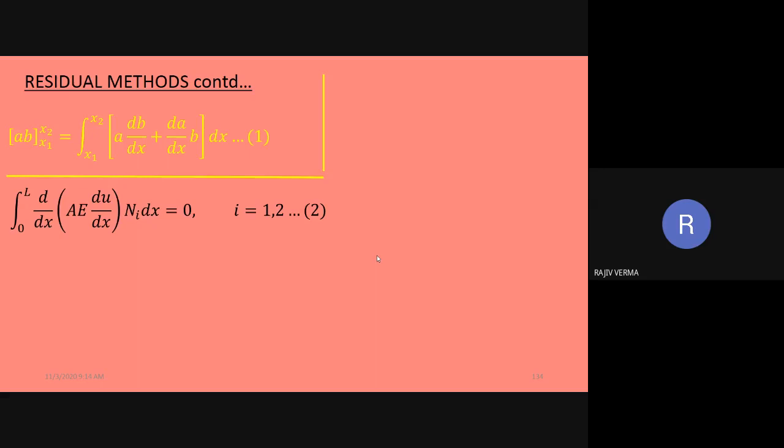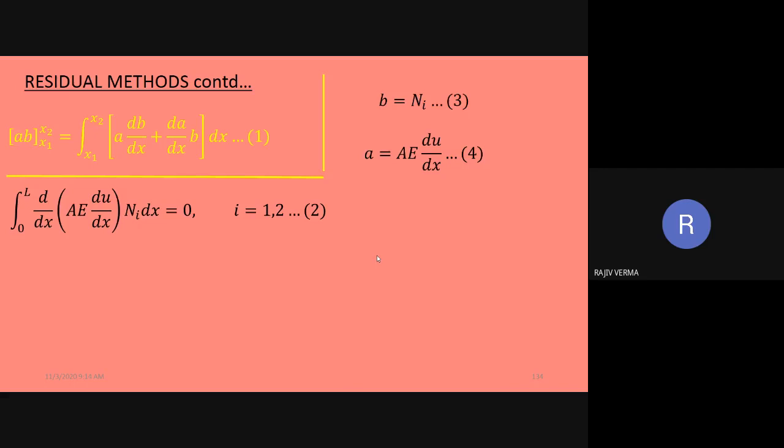If you compare equation 1 with equation 2, you can see that B can be represented as the shape function, when comparing equation number 2 with the second term on the right hand side of equation number 1. B comes out to be Ni and A comes to be equal to Ae multiplied by du by dx.